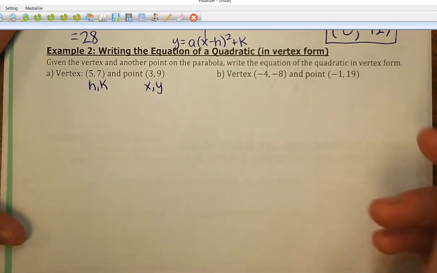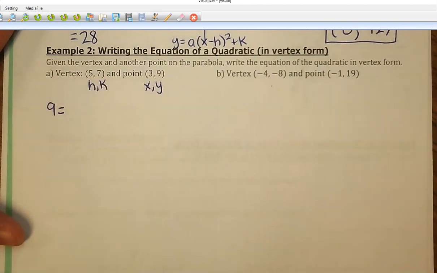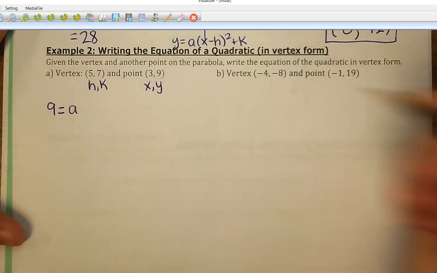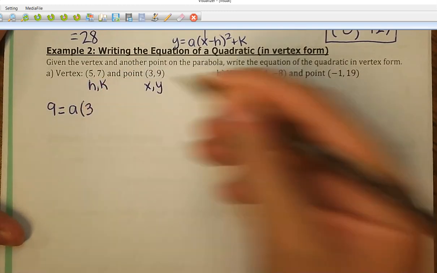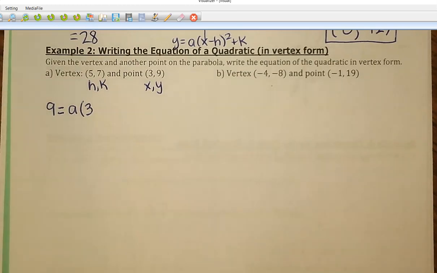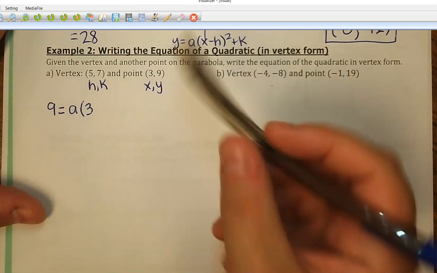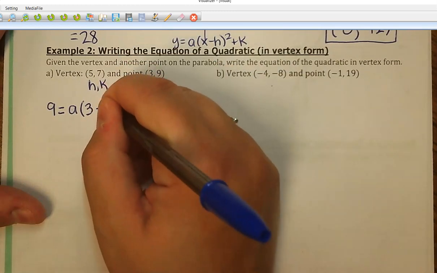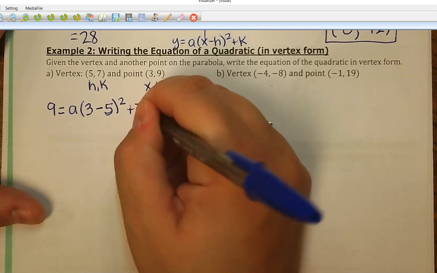Okay, so it's y equals, and I'm going to put in the 9 from the point. I don't know the a value. The x-coordinate of the point they give us is 3. So those get plugged in because I know this relationship exists when the vertex is (5, 7). If you look at the formula, it's minus the x-coordinate of the vertex, so it's going to be 3 minus 5 here, and then plus the y-coordinate of the vertex, which is 7.